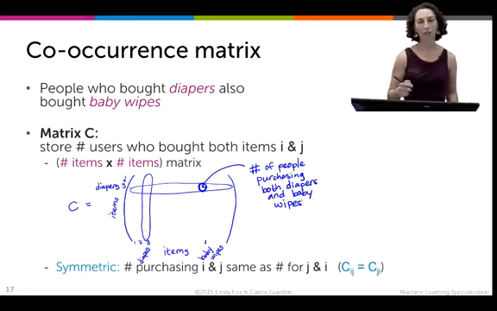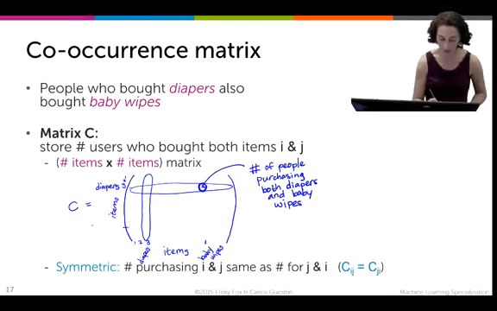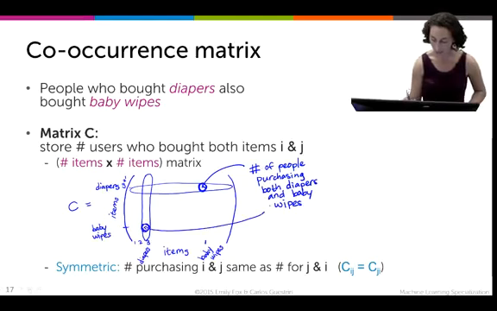Okay, well, let me ask you a question. Is the number of people who purchased diapers and baby wipes the same as the number of people who purchased baby wipes and diapers? Yes. So we would go to the baby wipes row and this diapers column, and notice that this is exactly the same number.